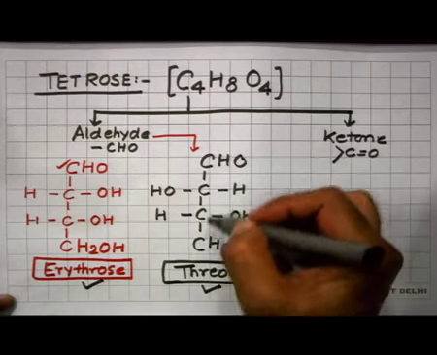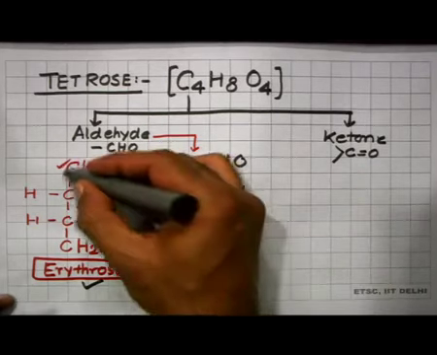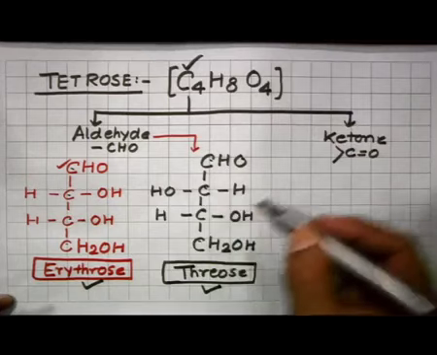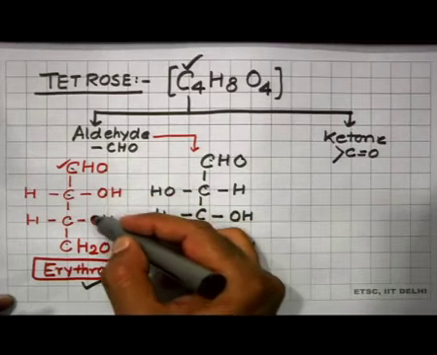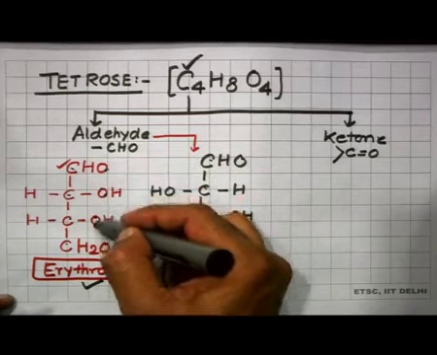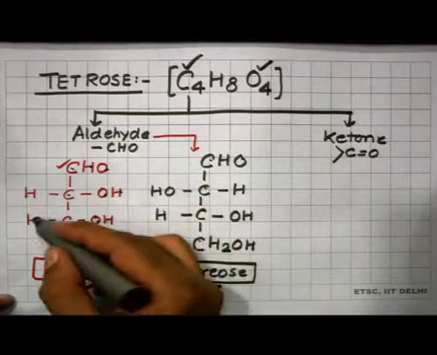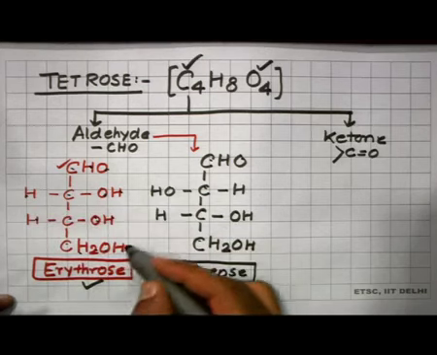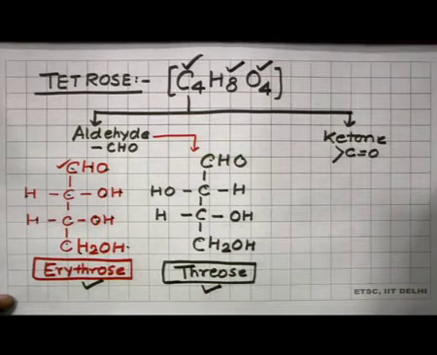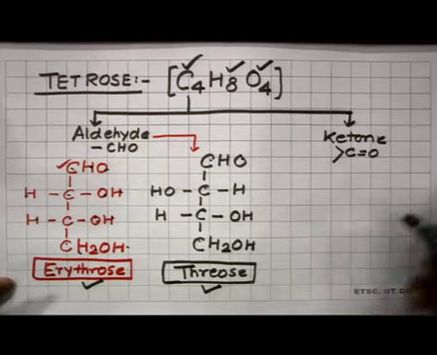Here the number of carbon you will find 4, 1 2 3 4. Oxygen 1 2 3 4, hydrogen 1 2 3 4 5 6 7 and 8. So, our structure is correct.